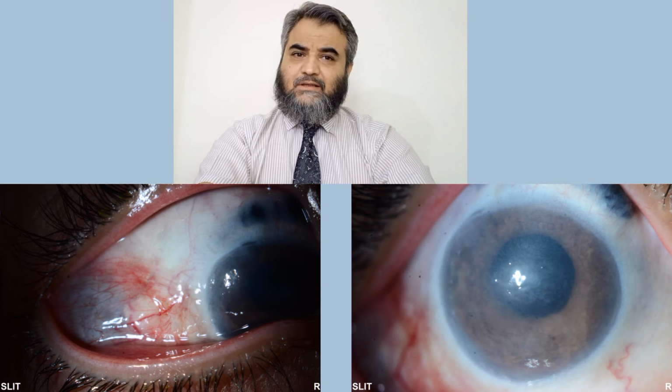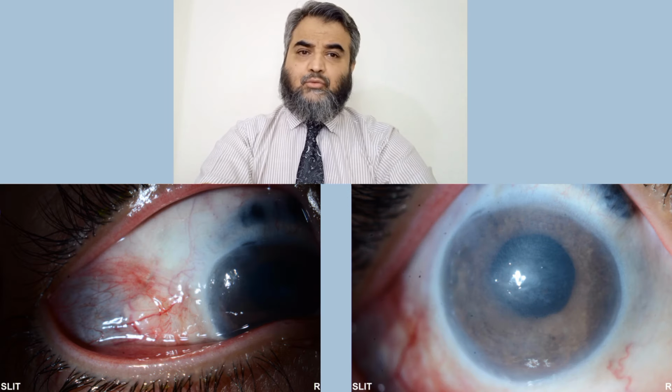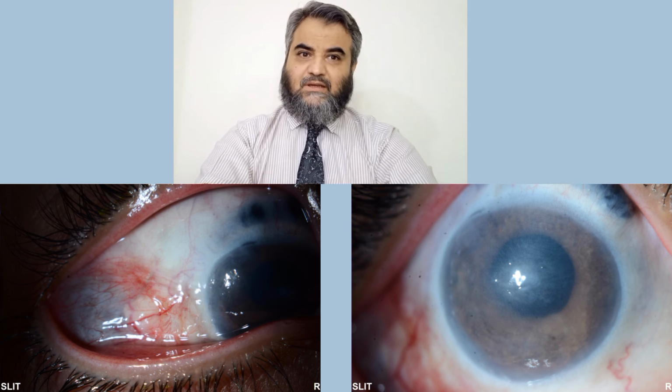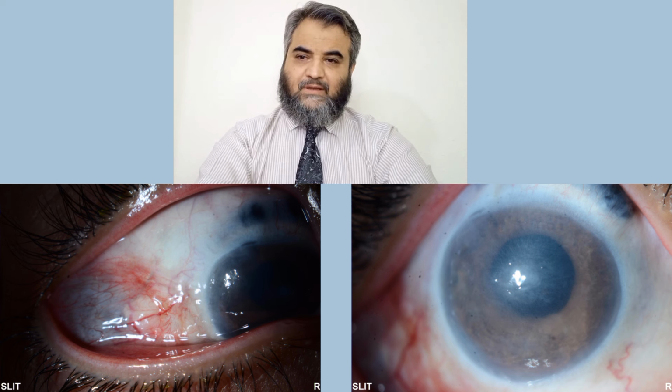This scleral thinning is not only affecting the superior part of the limbus, but also temporally. Here we can see localized blood vessels inflamed, congested, and under them again the bluish coloration because of the thinning of the sclera.